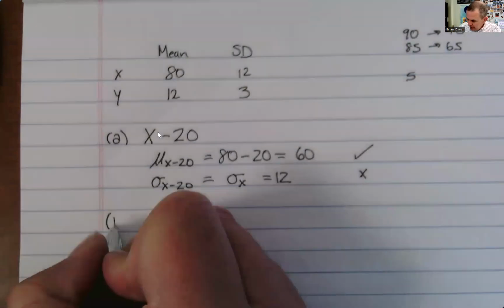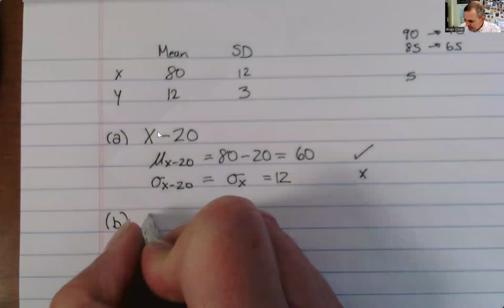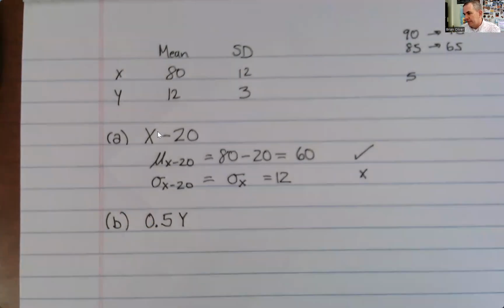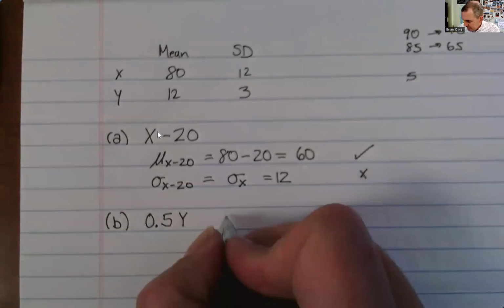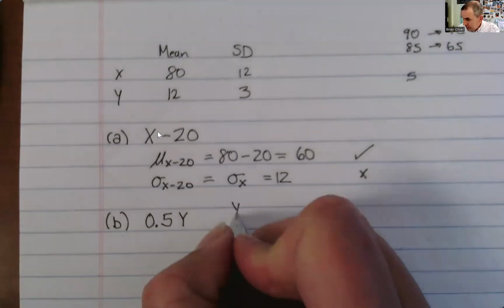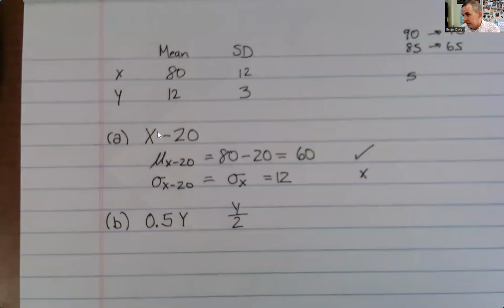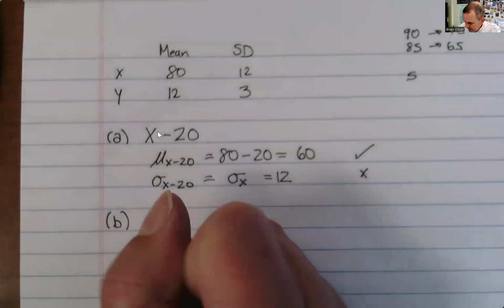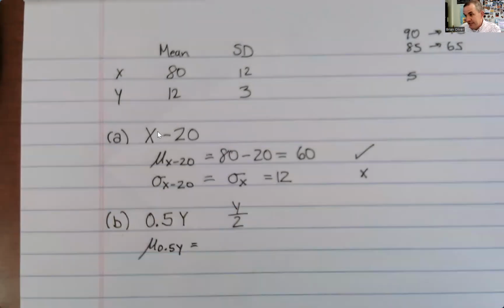Now the next one is what happens when we multiply or divide. In this case, I'm going to do 1/2 of Y, or 0.5 times Y. Either way you want to think about it, it could be Y divided by 2 or 0.5Y. Either one is fine. To figure out the new mean, the mean of 0.5 times Y, I do exactly what it says.